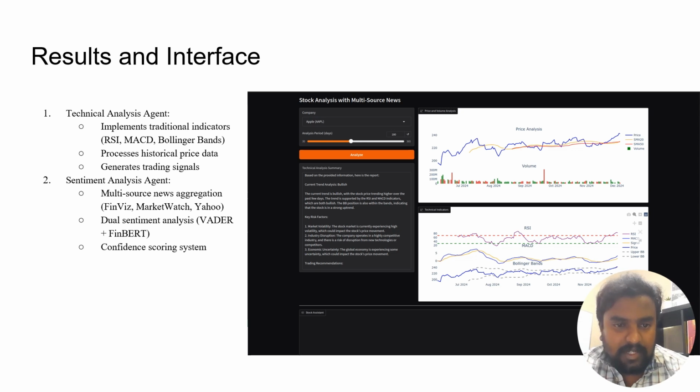The second one is the sentiment analysis agent, which aggregated news from sources like Finviz and Yahoo Finance, scoring market sentiment. We collect all the information from multiple sources, and we're going to add that as well.